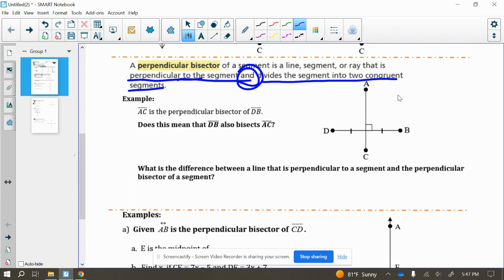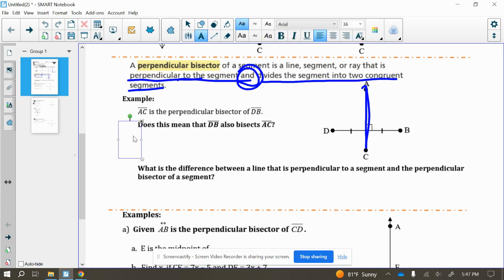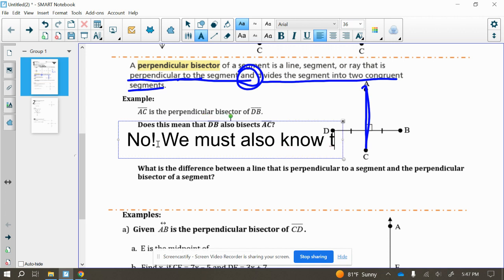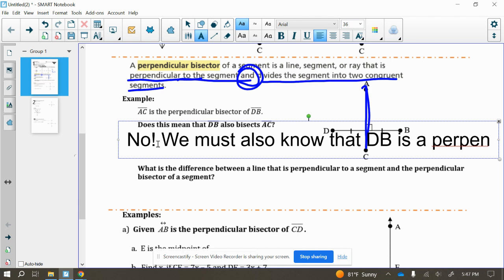So when we said that AC is the perpendicular bisector of segment DB, does that mean that DB is also bisecting AC? The answer is no, right? We must also know that DB is a perpendicular bisector.